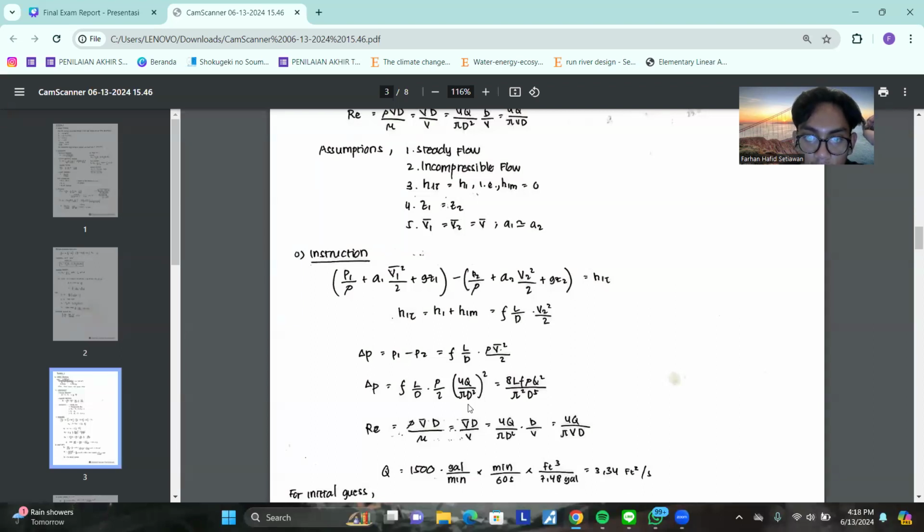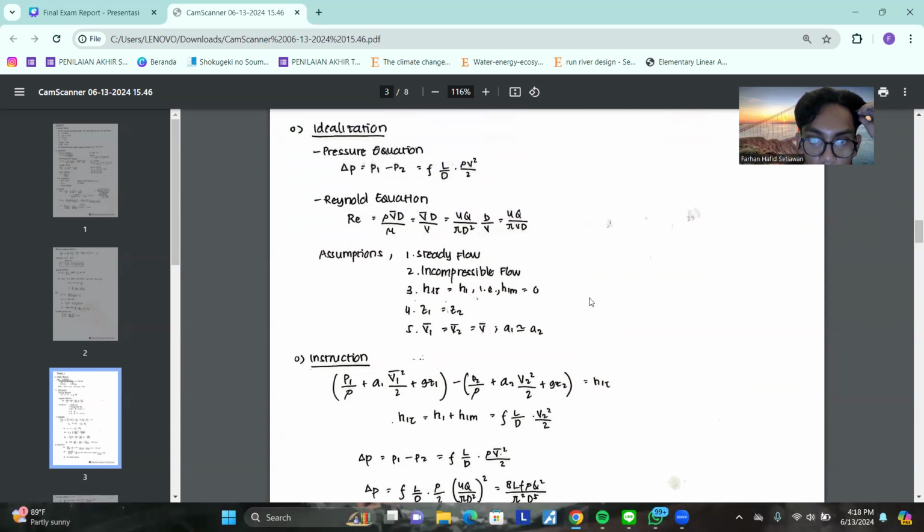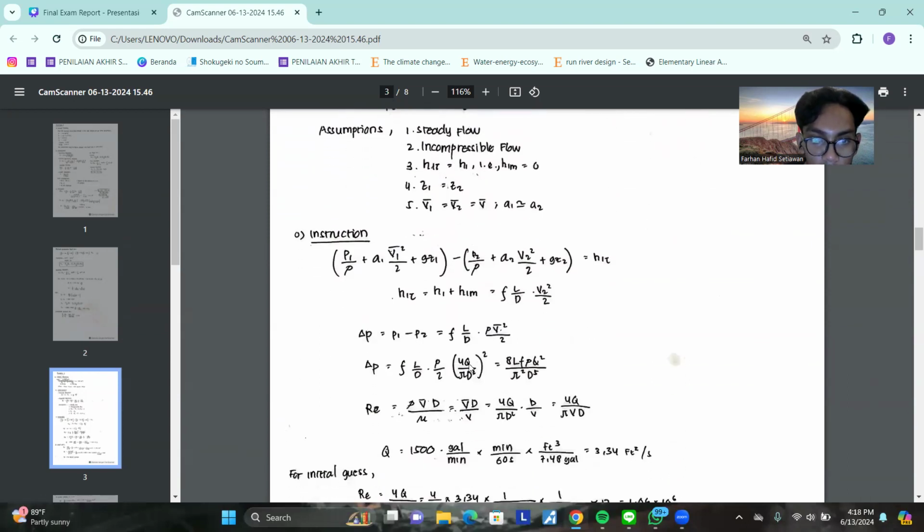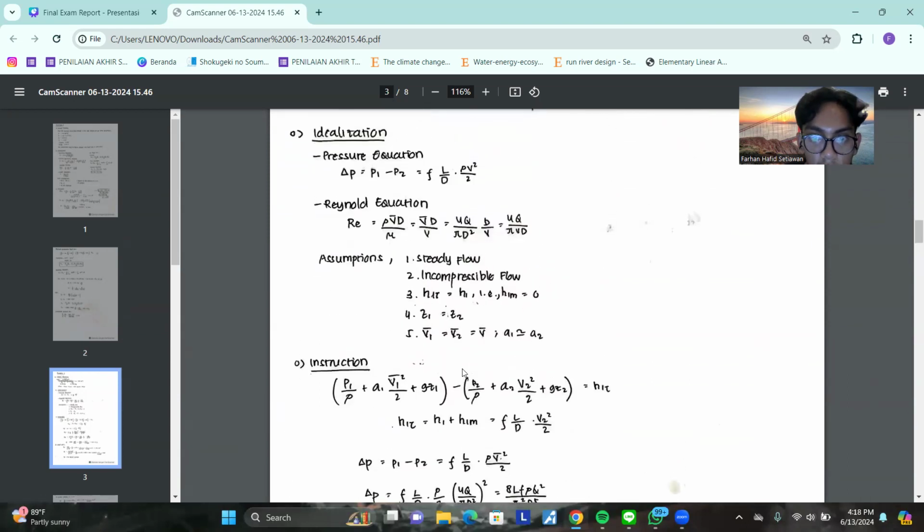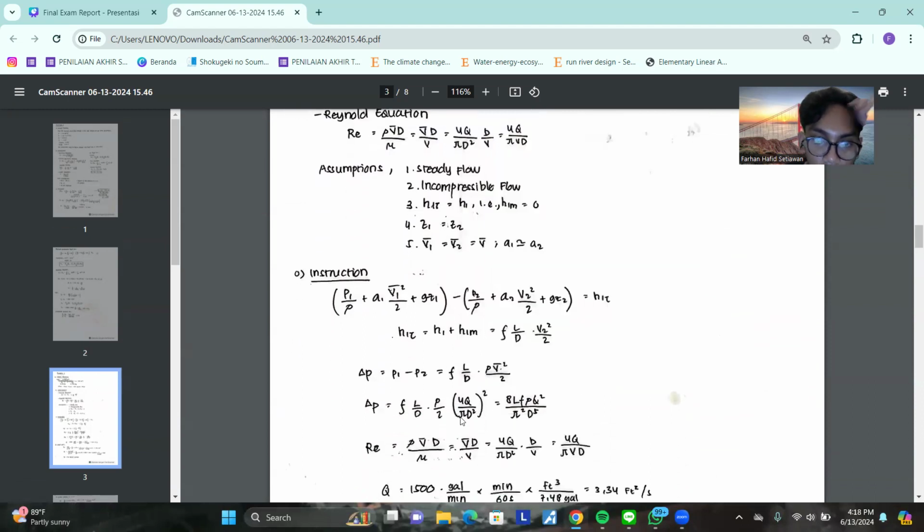We got these equations by defining delta P in terms of the Reynolds number in this question. Here we define Re as the Reynolds number.